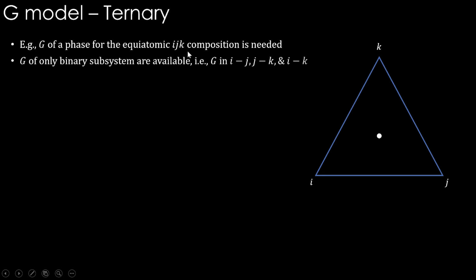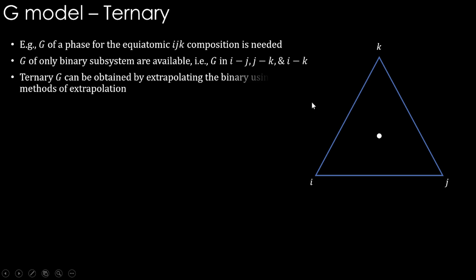G of only the binary subsystems are available, meaning G in the IJ system, JK system and IK system. If the same phase exists in IJ, JK and IK, we have the Gibbs energies of that phase in the binaries. So how do we calculate it for the ternary?